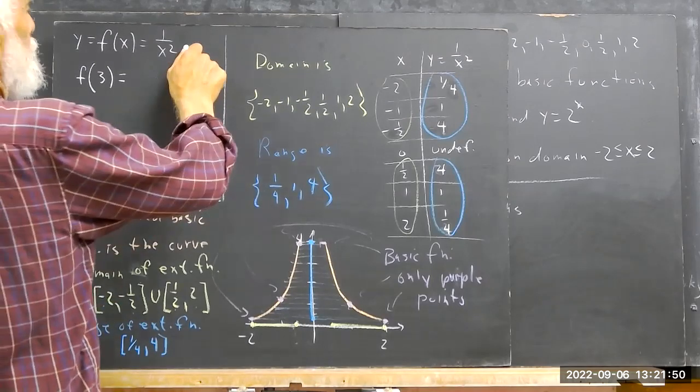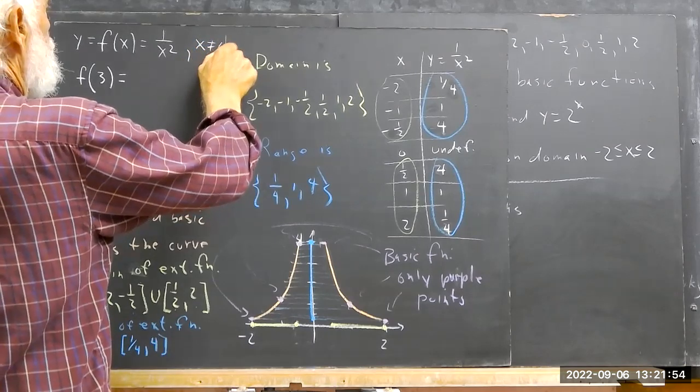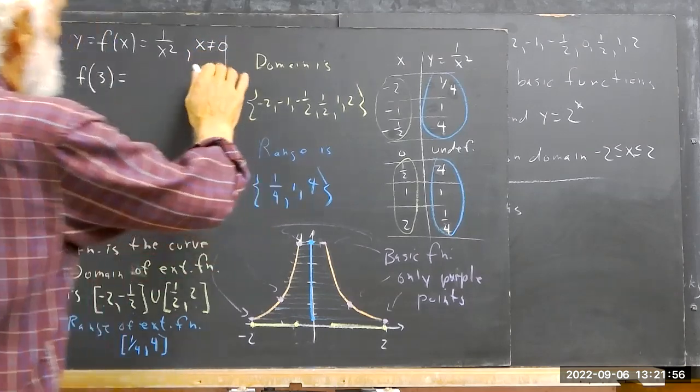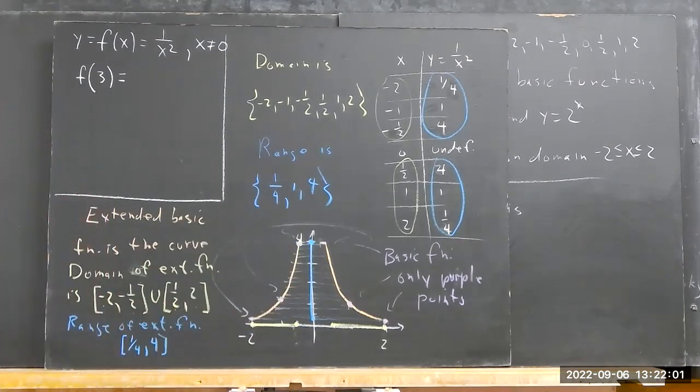And the complete basic function would be this. And I'll specify the domain. It's just saying x is not equal to 0. Now any number except 0 can go into this function.